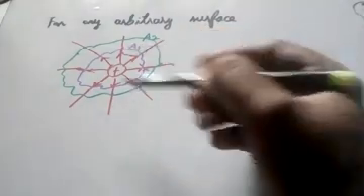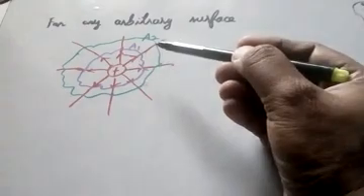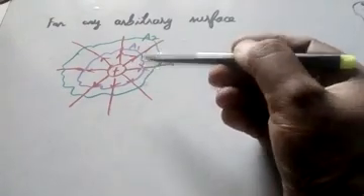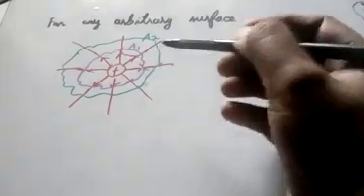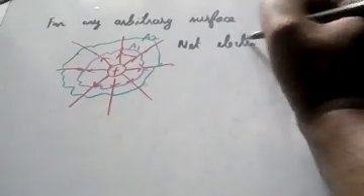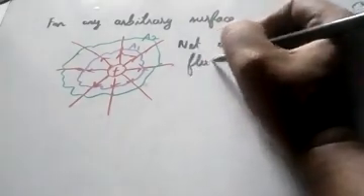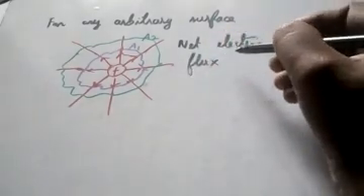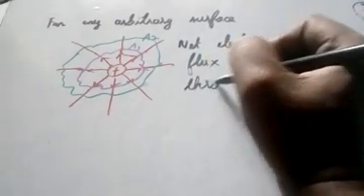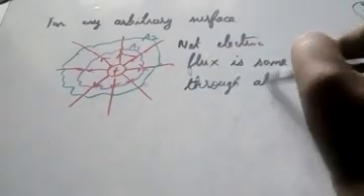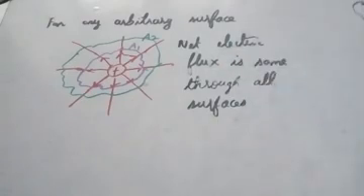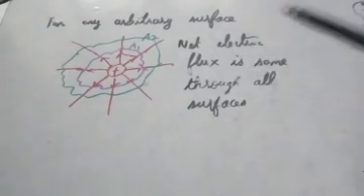If you take any kind of surface, the electric flux, meaning the number of field lines, or Q by epsilon, the net electric flux will be the same. So for any random surface, the net electric flux is the same through all the surfaces. We can take any kind of surfaces, A1, A2, A3, any number, the electric flux will be the same.